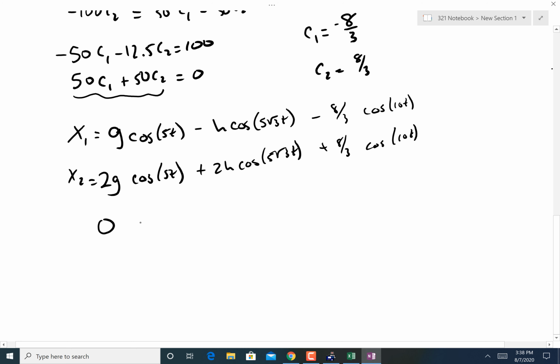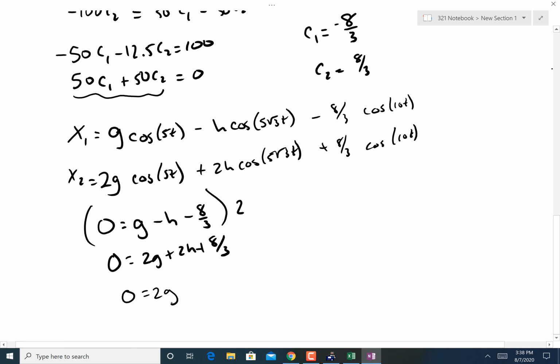So at 0, what do I get? Well, 0 equals g minus h minus 8/3. And 0 equals 2g plus 2h plus 8/3. I'm going to multiply the top one by 2 because I can. So 0 equals 2g minus 2h minus 16/3.